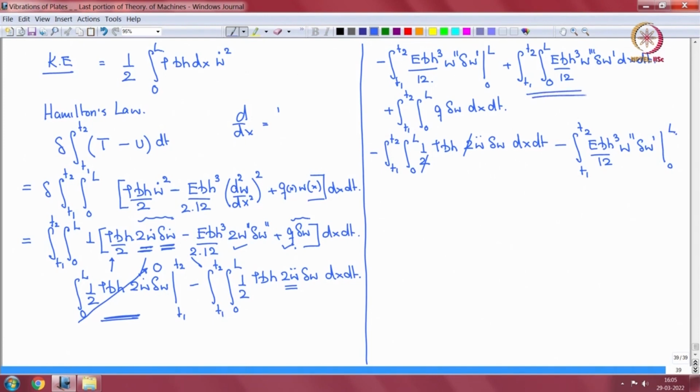And this integral, again we are going to do a product rule here.